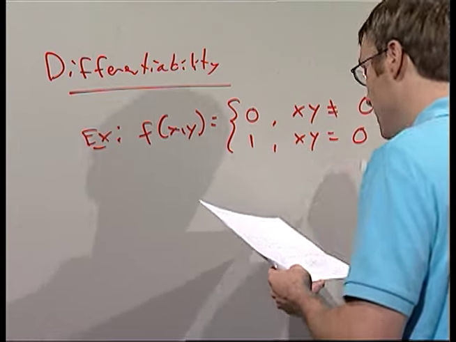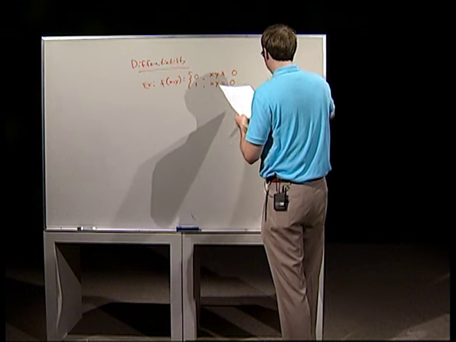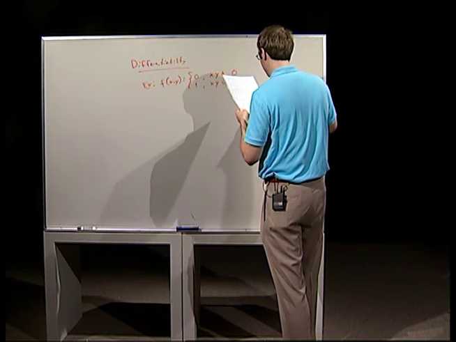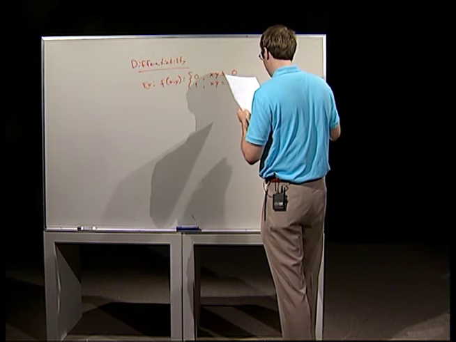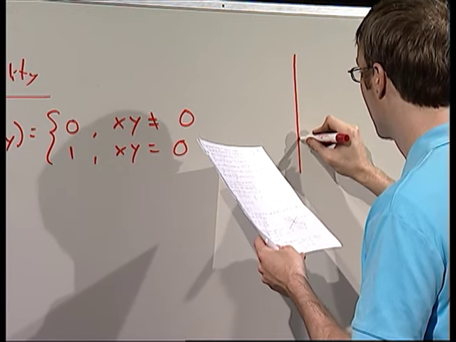So here is a piecewise function. Drawing this guy is slightly difficult. OK, so there's the z-axis.